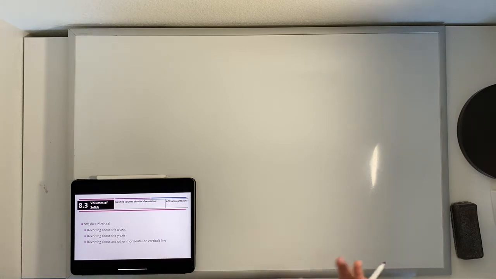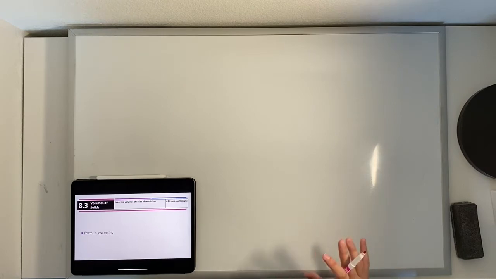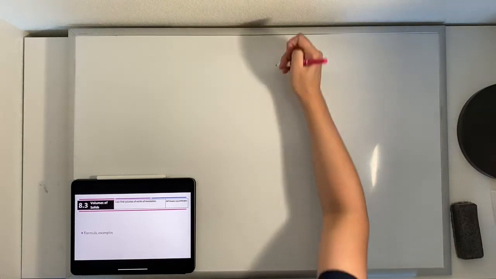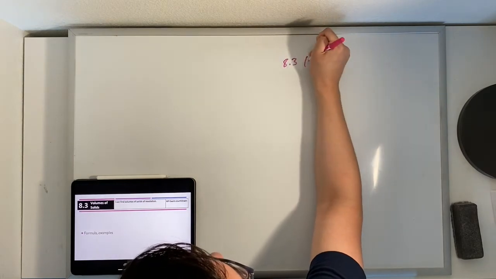It does get a little trickier if we try to take that into account, but horizontal and vertical lines are not too much more difficult than what we've done so far. So I'd like to do some examples and then talk about a general formula for any time we're using washer method. So this is still 8.3 continued.